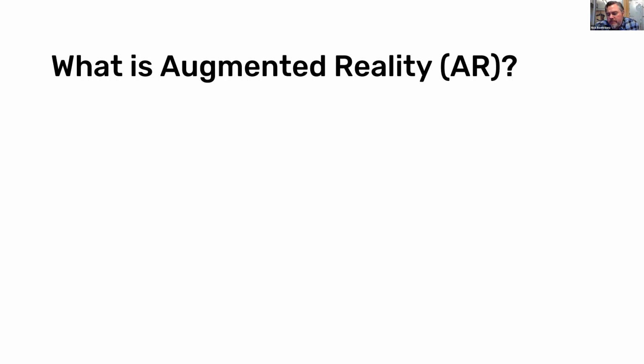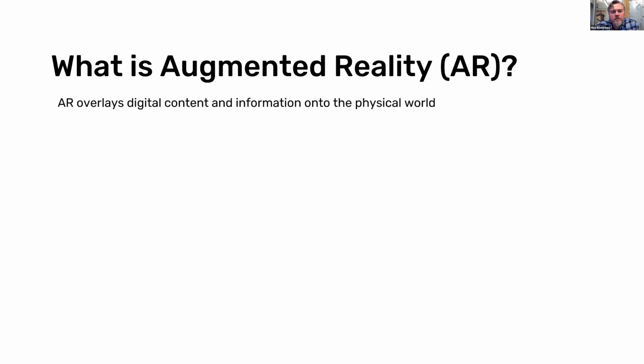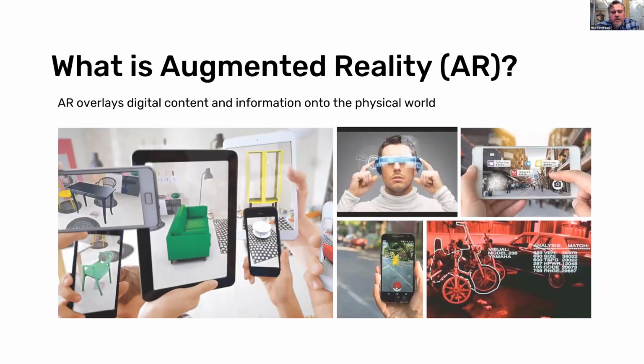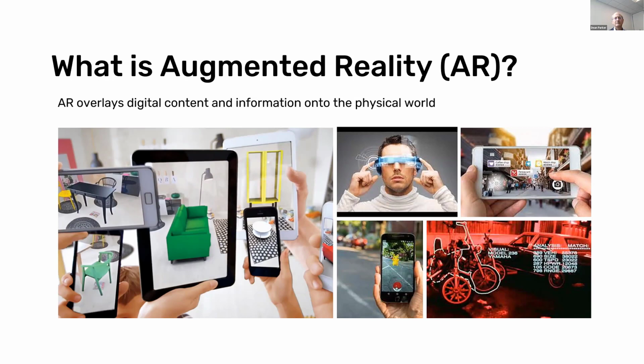So I'm just going to start from the basics. What is augmented reality? In short, it's when you overlay digital content and information onto the physical world in some way. I'm sure most of you are familiar with it to some degree. On many shopping sites like Amazon, you can look at a couch in your living room or whatever.